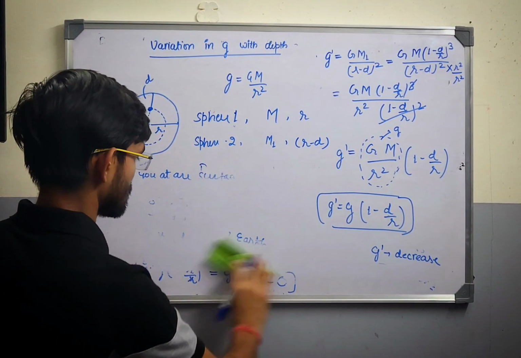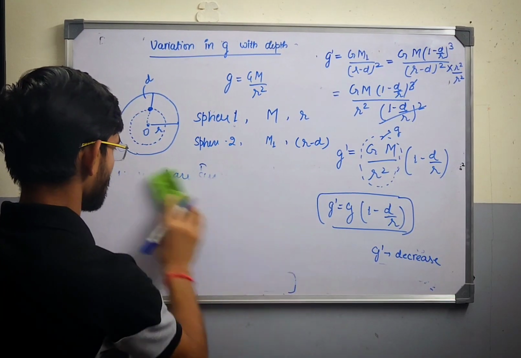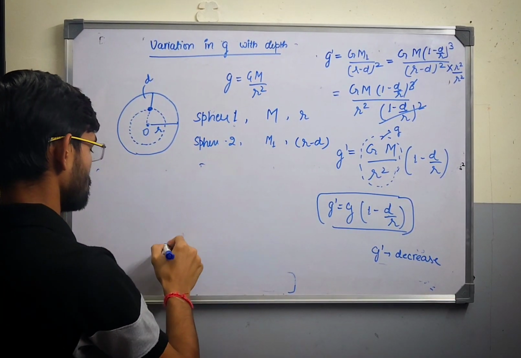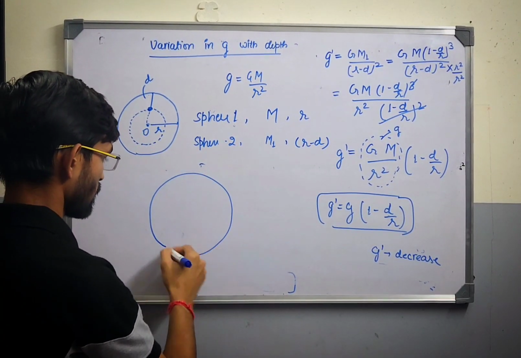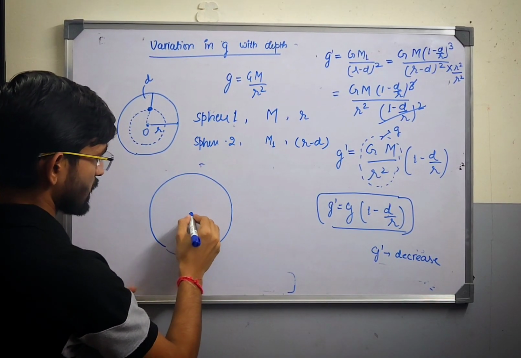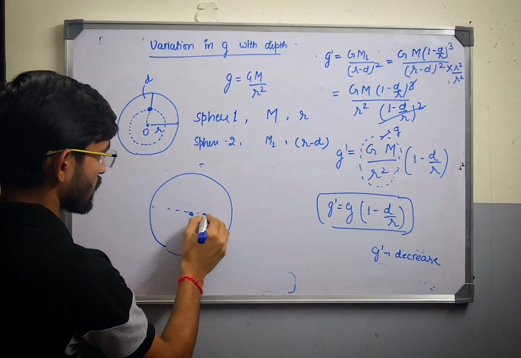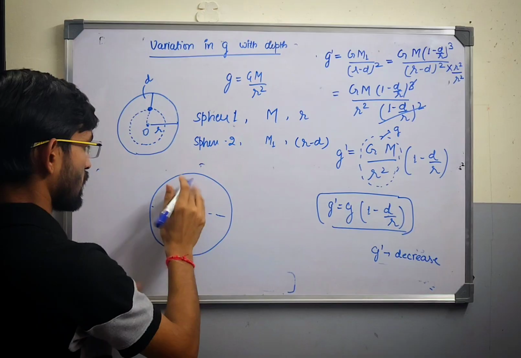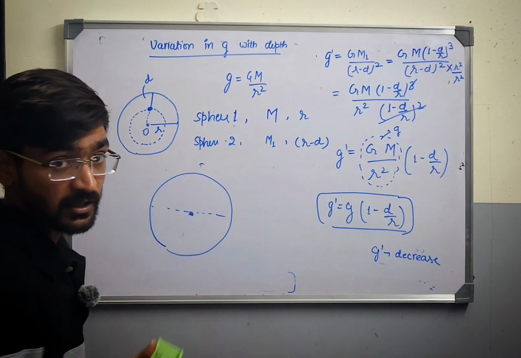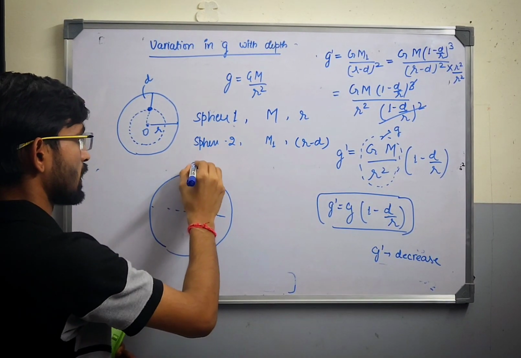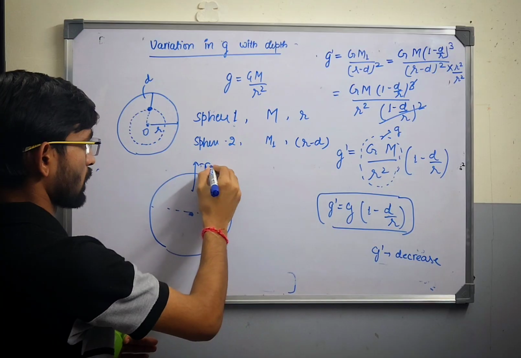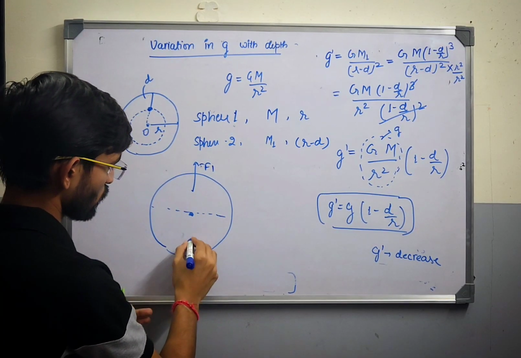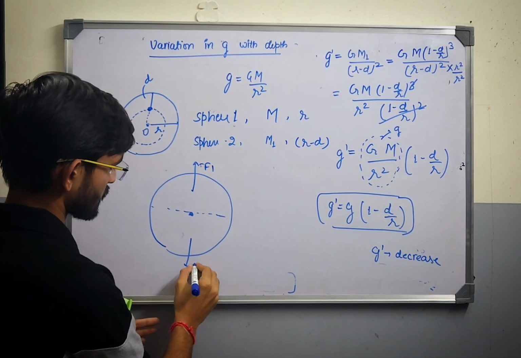I will explain this in more detail. This is earth. If you are at the center of earth, the part above you will try to pull you in this direction, and the part below you will try to pull you in this direction.